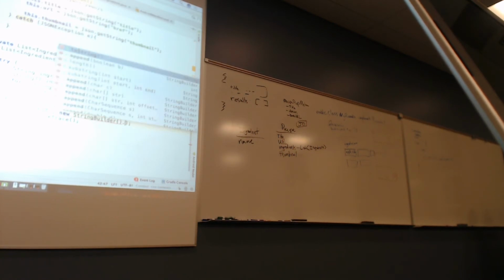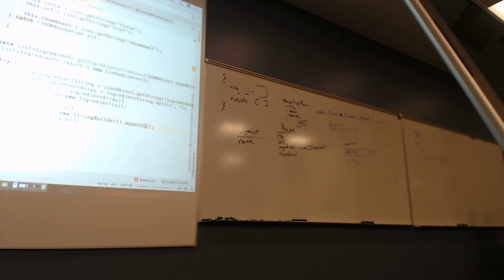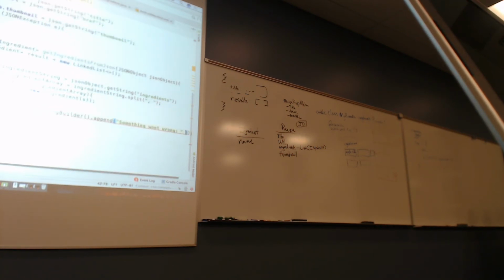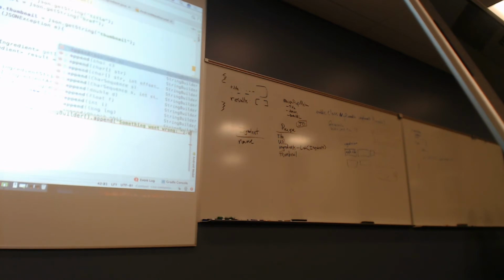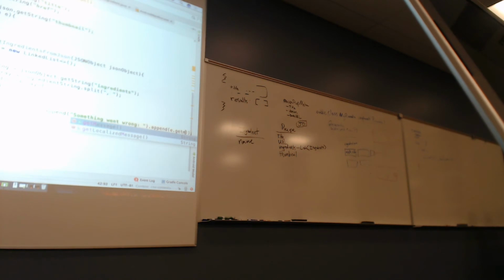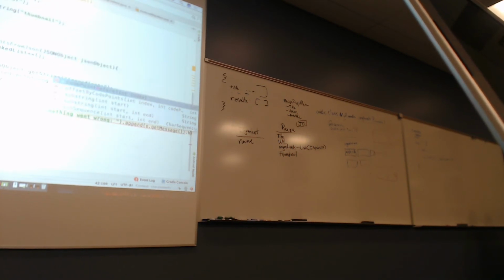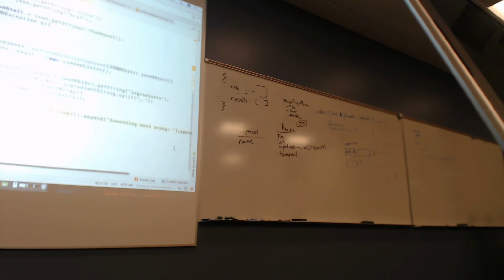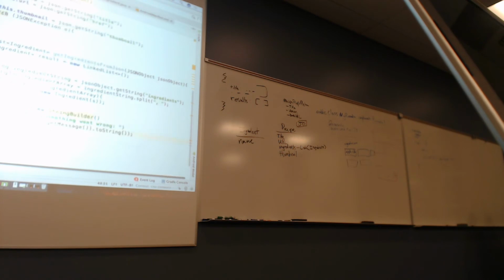So I can do string builder.append something went wrong, and then dot append e dot get message, and then toString. 80 characters is what we're going for. It's a log.wtf.